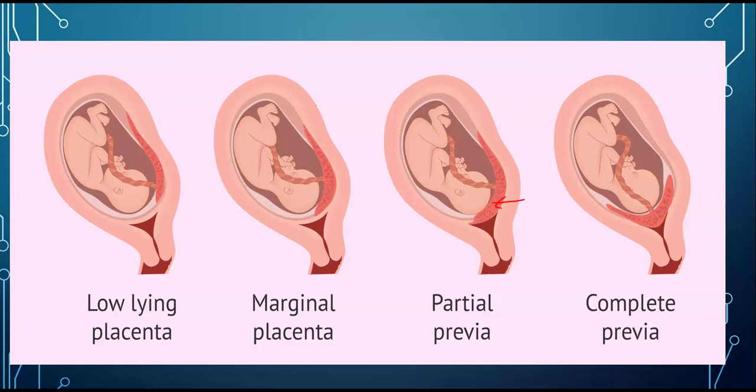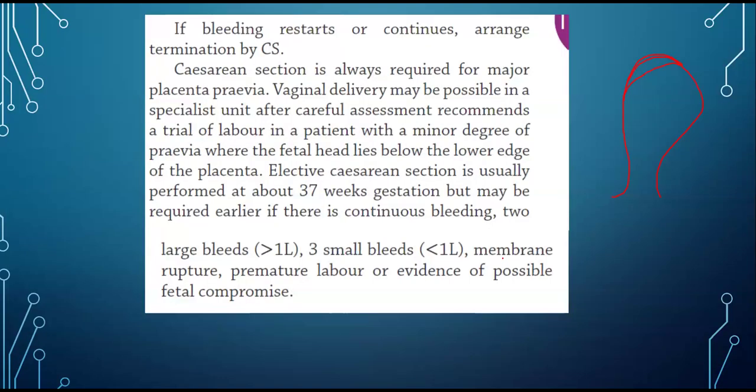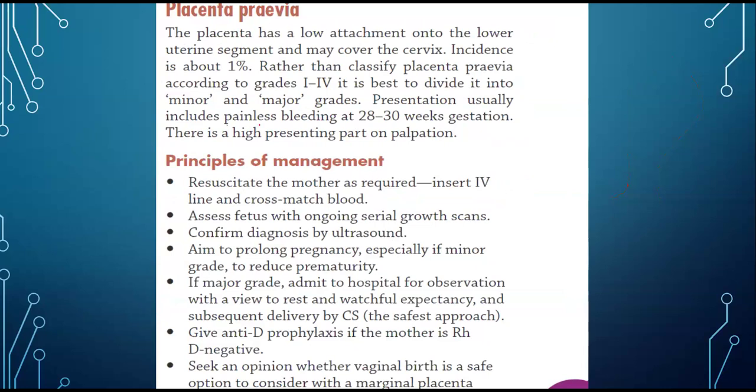And sometimes there are lots of small immature blood vessels over here, and they can get ruptured and cause per vaginal bleeding. So it causes painless per vaginal bleeding. Okay. So it's very easy to diagnose: painless per vaginal bleeding after the 20th week of pregnancy, most likely placenta previa.